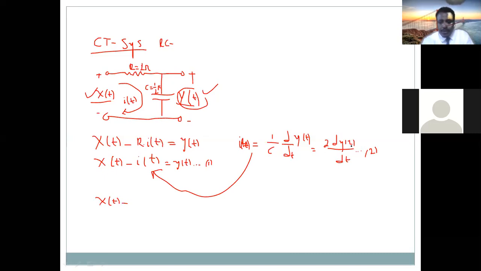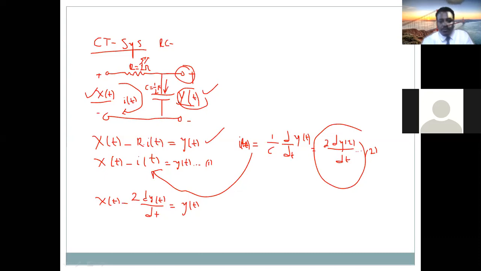The current we get from here, which is dy of t divided by dt, is equal to y of t here. What I have done is very simple. I write the KVL equation here: this voltage minus the voltage drop in the resistor will give us the output voltage here. x of t, how much is the voltage drop across the resistor? This one. So it's equal to y of t. Now I of t means the current flowing through the capacitor is I of t.